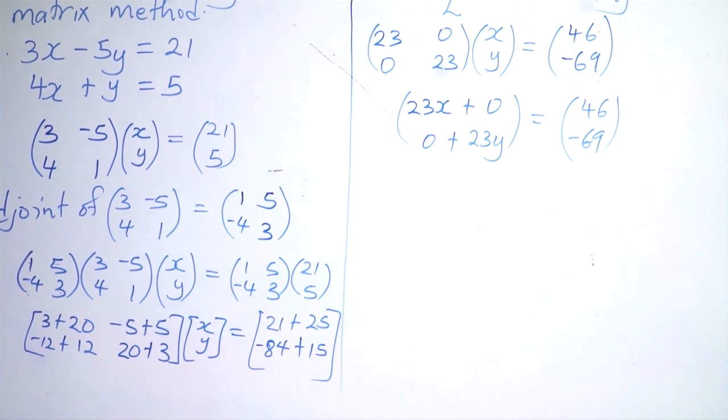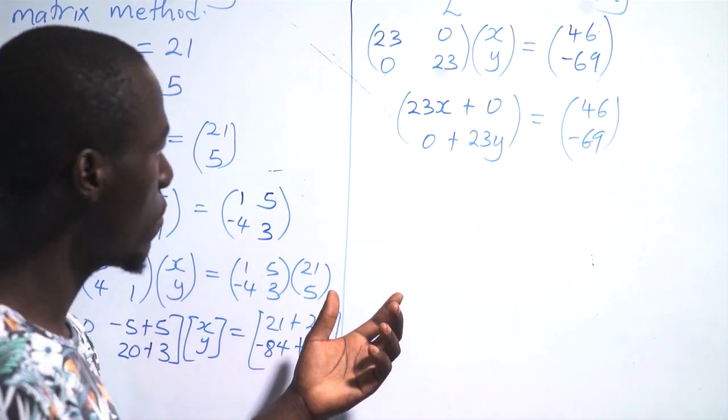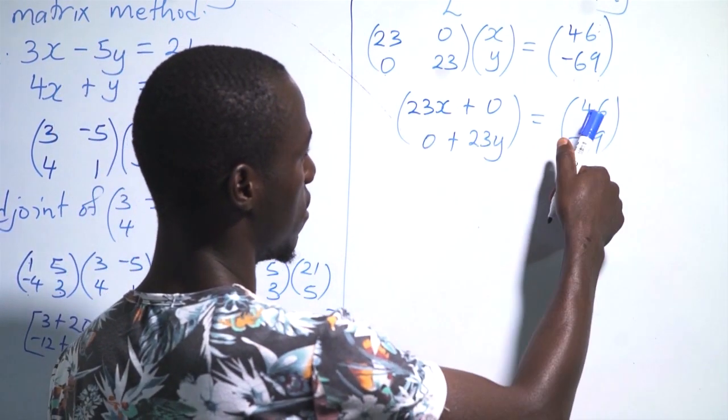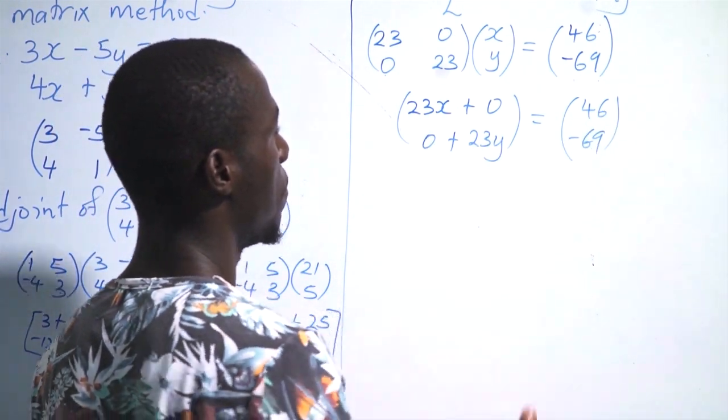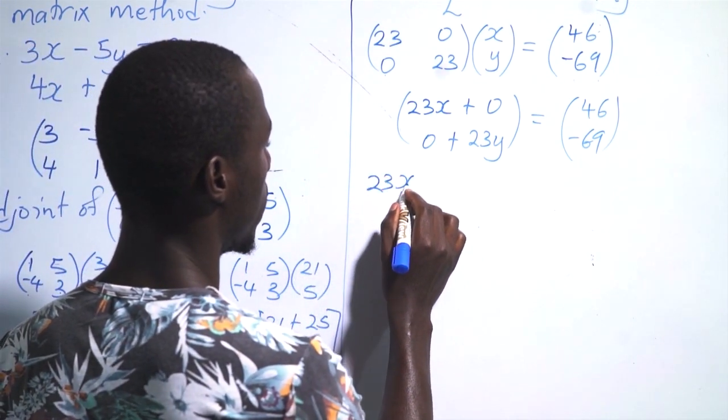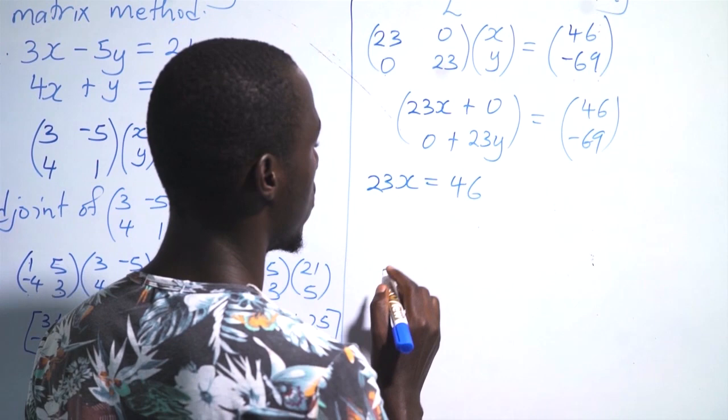Now we are having two equal matrices, that is the corresponding elements shall also be the same. So 23x plus 0, we get 23x, that it is equivalent to 46.